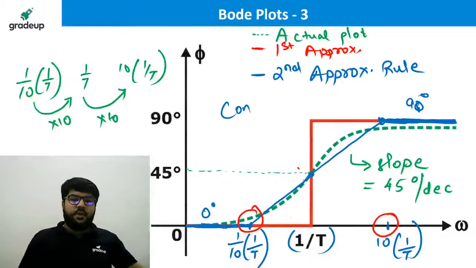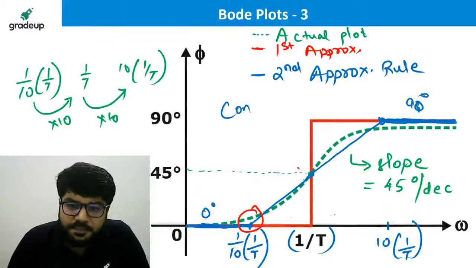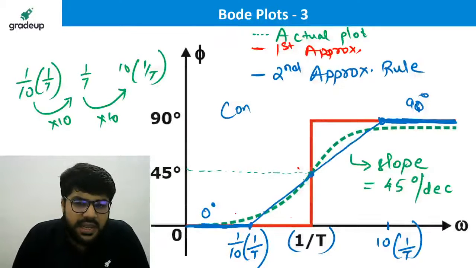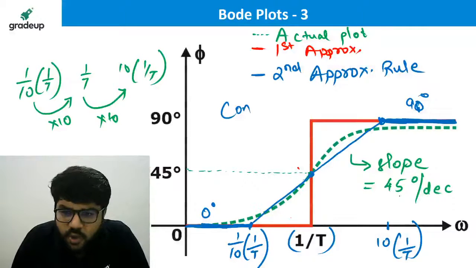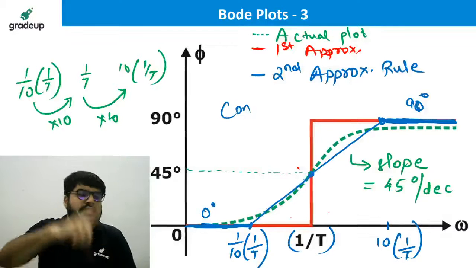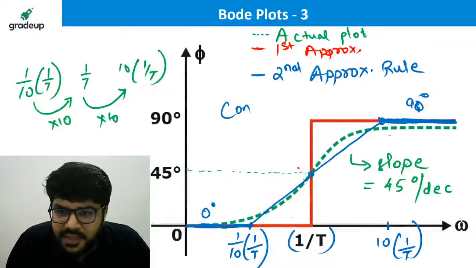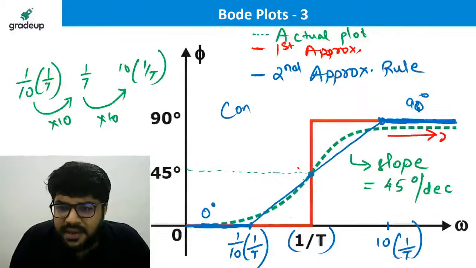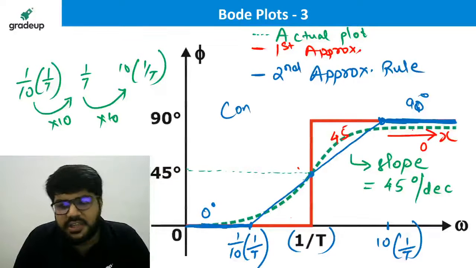At the 1/10 point and the 10 times point, the slope changes by how much? Initially the line is on the x-axis, so the slope is 0, and now the slope, as I have written, is 45. So 0 to 45. Then this 90 degree line is again parallel to the x-axis, so the slope is 0. Before that the slope is 45, and now the slope becomes 0.